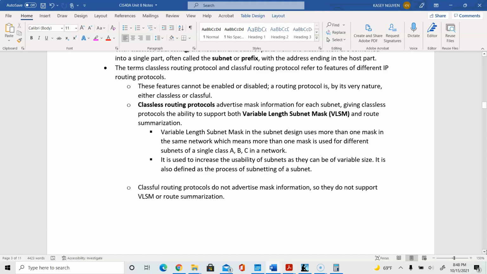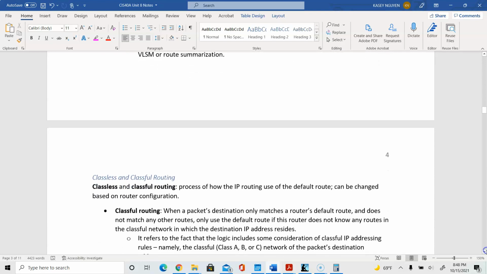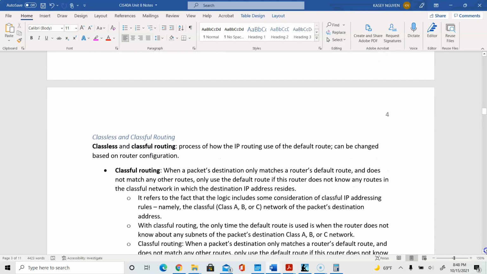Okay. So here are some additional notes about classful and classless routing. Classless and classful routing, we're going to see this in the configuration, and when we did the lab, we saw some of this. This is a process of how IP routing uses the default route, and that can be changed based on the router configuration. So with classful routing, the packet's destination only matches the default route, and it does not match any other route.